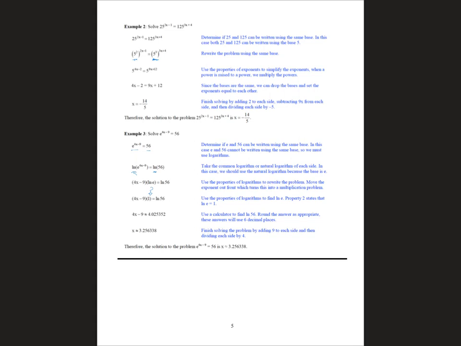Now, you can always get an exact solution, where you may have ln or log of a base in your answer, or, if it's a common log or a natural log, you can put that into your calculator and get an approximate solution.